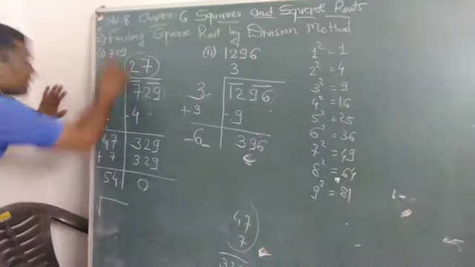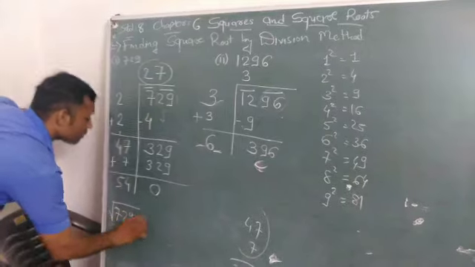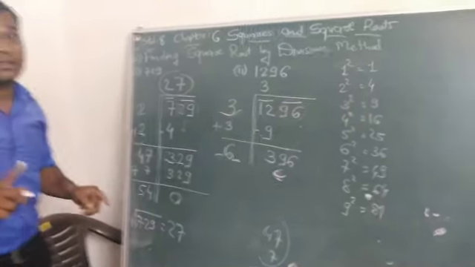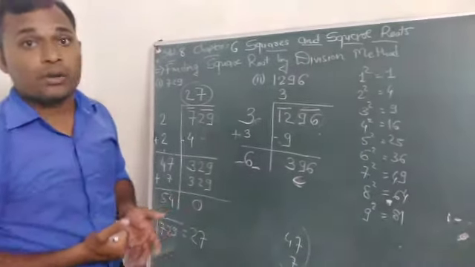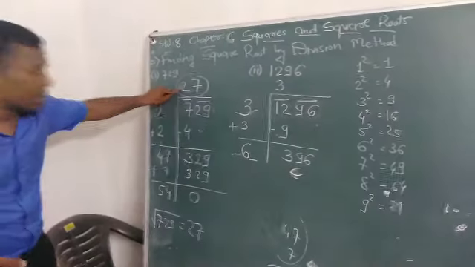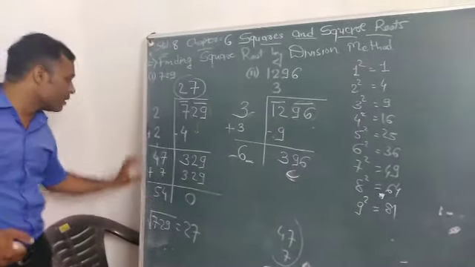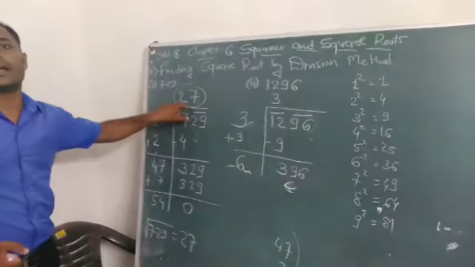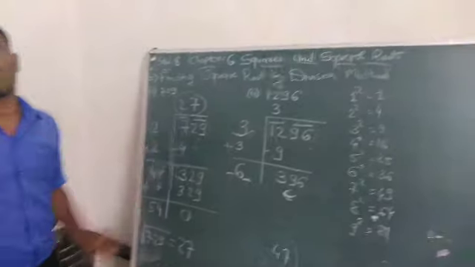Square root of 729 is equal to 27. But if you wonder whether our answer is right or wrong, you can check it. 27 double is 54. Here you got 54 which is double of 27. So now you can check whether it is right or wrong.